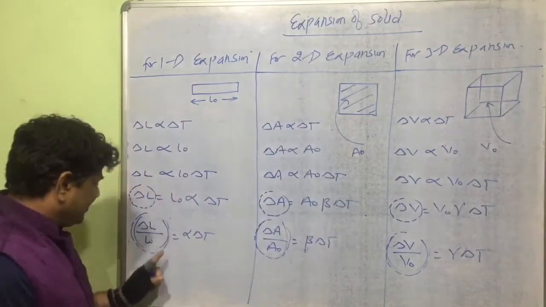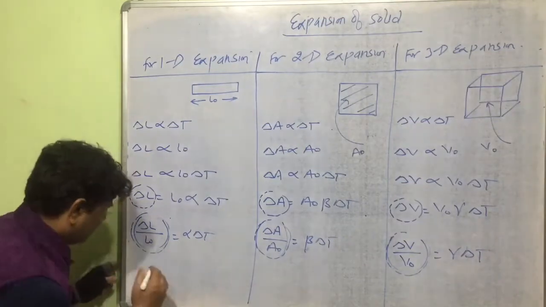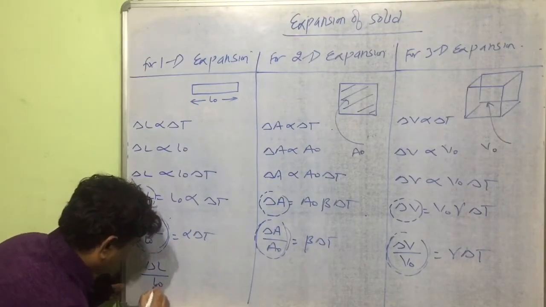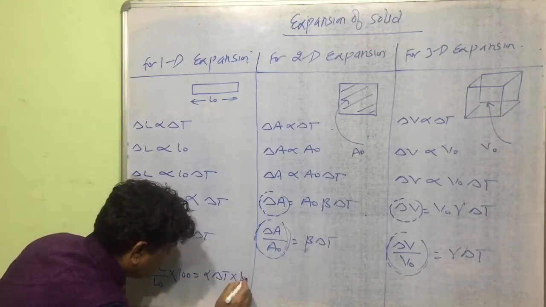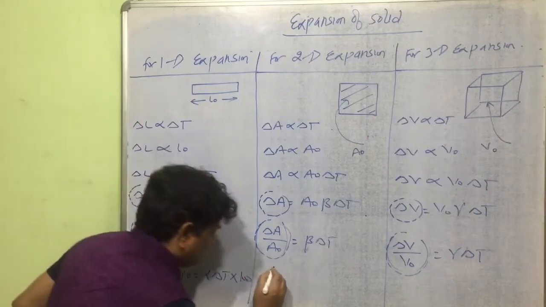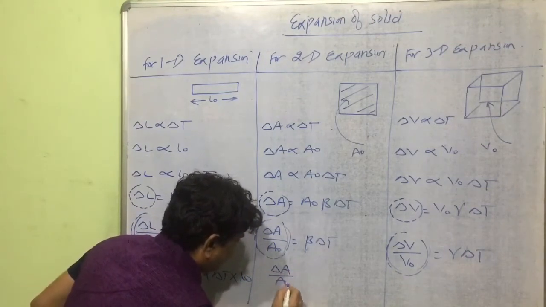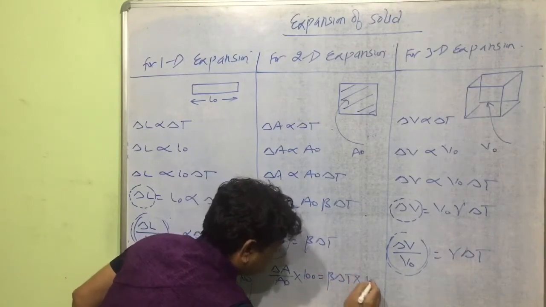Now, if we multiply by 100 on both sides, what happens? Delta L by L naught into 100 is equal to alpha delta T into 100. Here also, delta A by A naught into 100 is equal to beta delta T into 100.